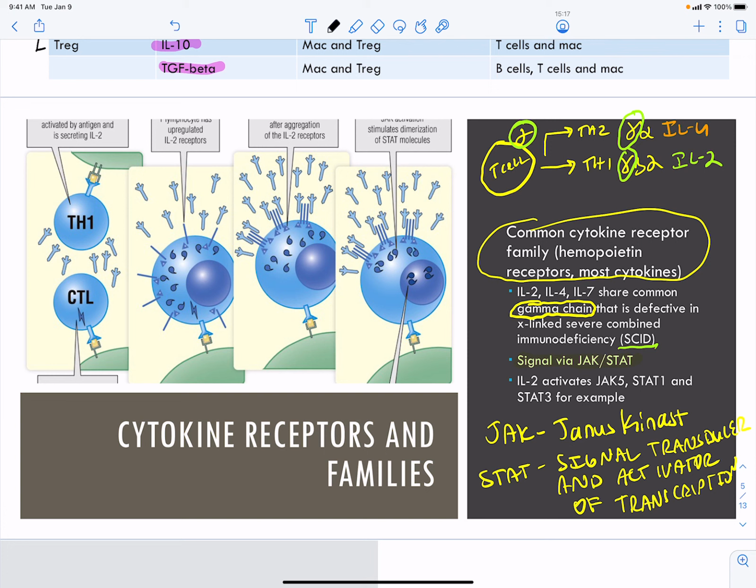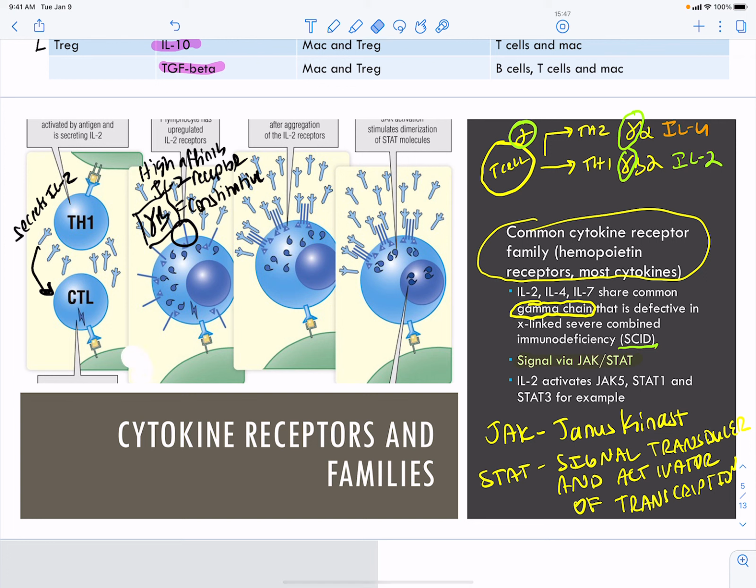So for example, here we have a Th1 secretes IL-2, right? And your CTL has on the surface what's referred to as a high affinity IL-2 receptor. And this is that gamma chain and beta chain. And these guys are constitutive. So gamma plus beta plus alpha is the high affinity.